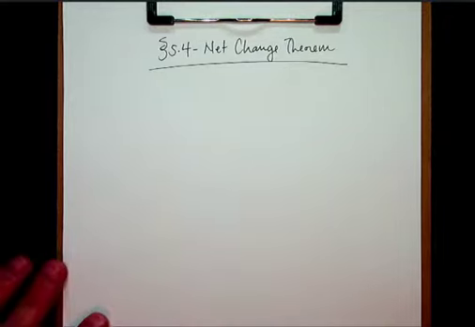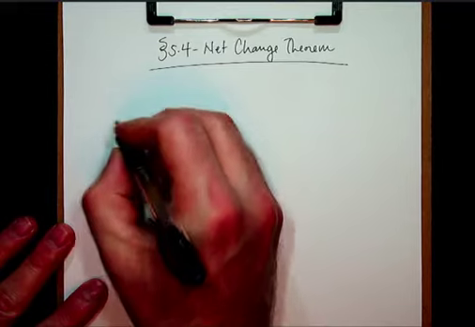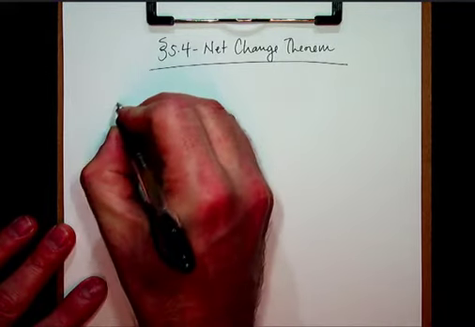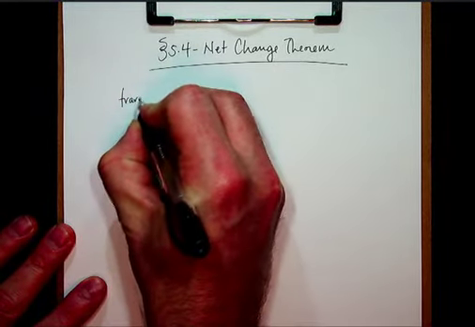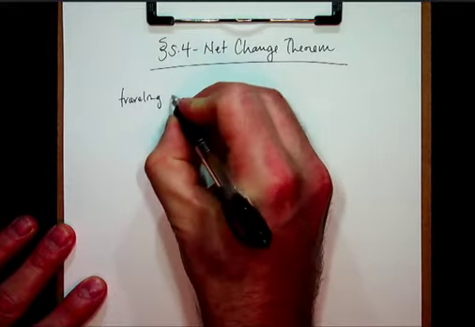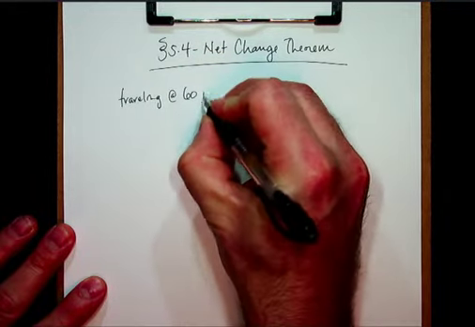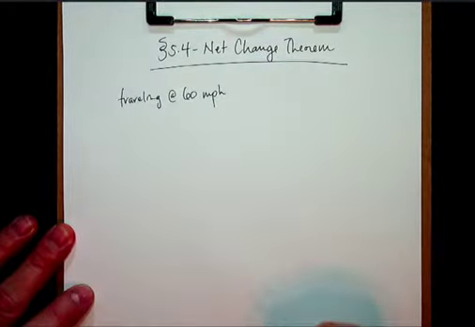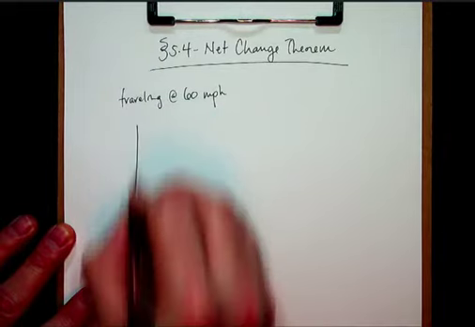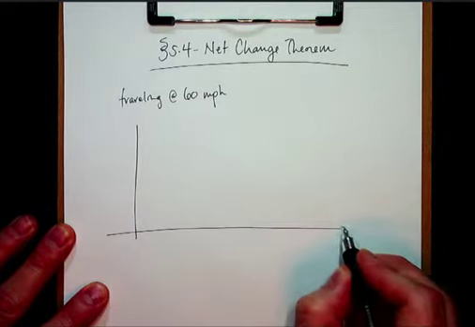If you are given a rate, the example that I gave is, let's say that you are traveling at 60 miles per hour. And let's say I graph that.